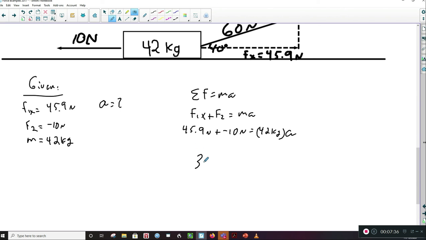So that's going to give me 35.9 newtons is equal to 42 kilograms times A. And I just want to divide both sides by 42 kilograms.